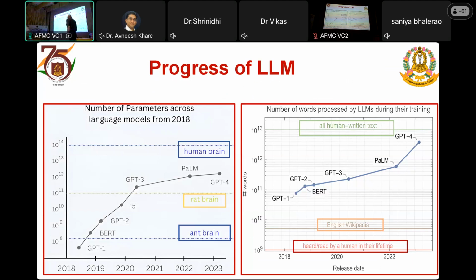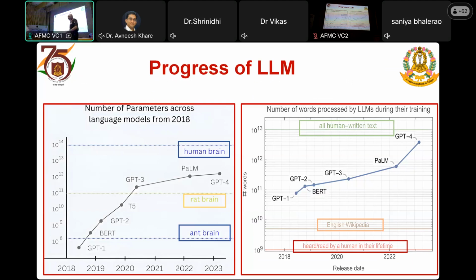So when GPT-1 started off, it started off after having perused almost 10 to the power 11 words. Today, GPT-4 has perused somewhere nearby. And this box, 10 to the 13, is supposed to be the entire repository of whatever has been written or made so far.